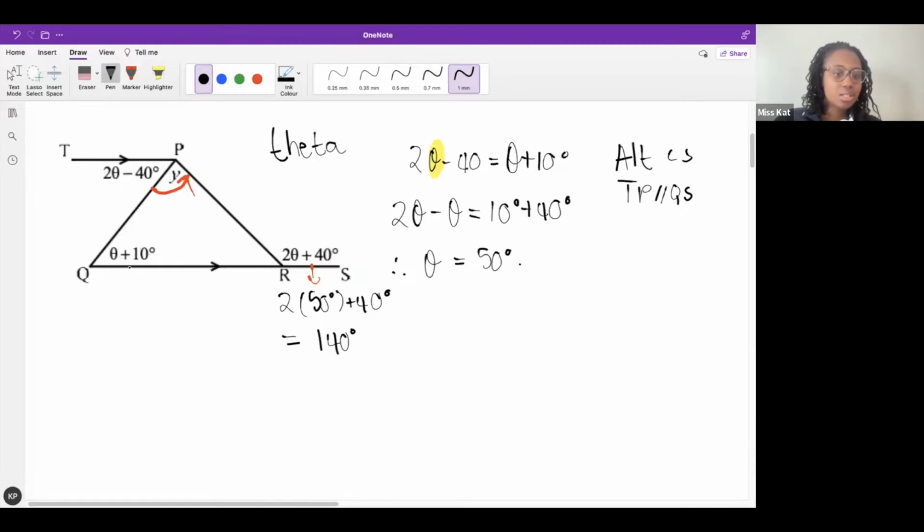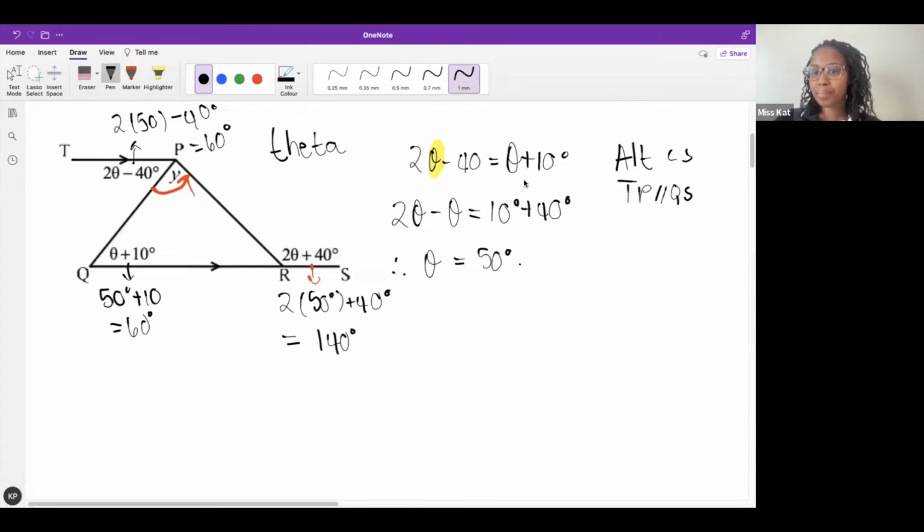This one is theta plus 10, so it'll be 50 plus 10, which means it's 60 degrees. And this one will be 2 theta minus 40, which is 100 minus 40, meaning it's also 60 degrees.